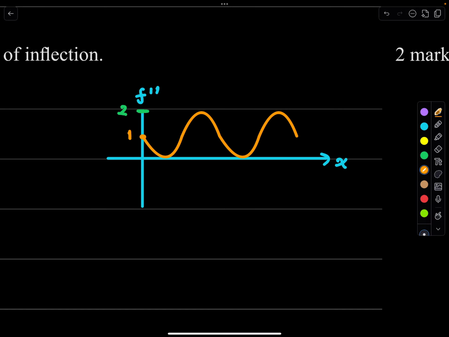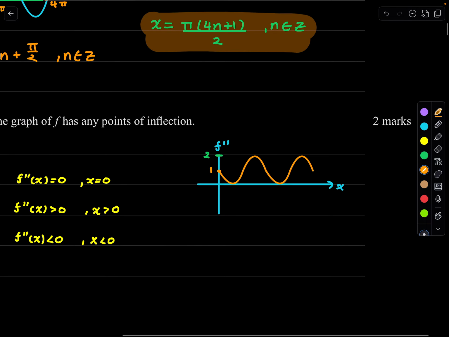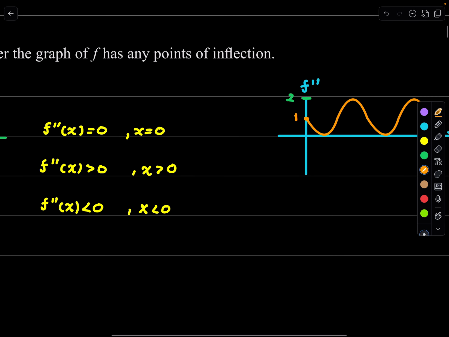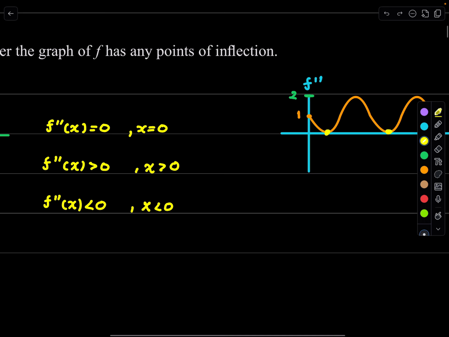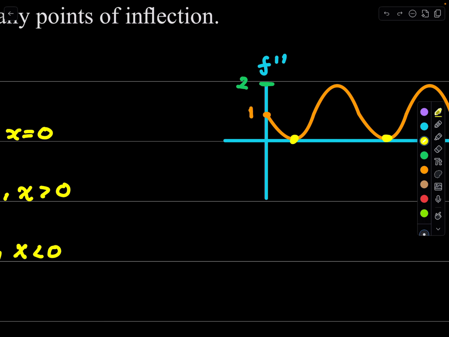Now, if I was to ask, is there a change in concavity? Let's look at where f''(x) equals 0. Well, of course, it equals 0 here. Let's say this point that's below it, can you see how it's positive?